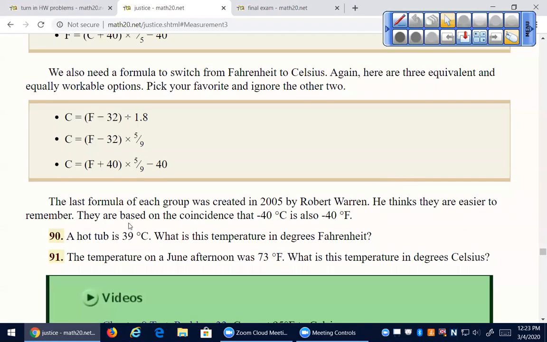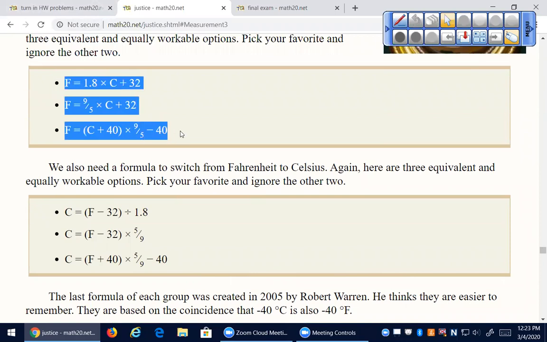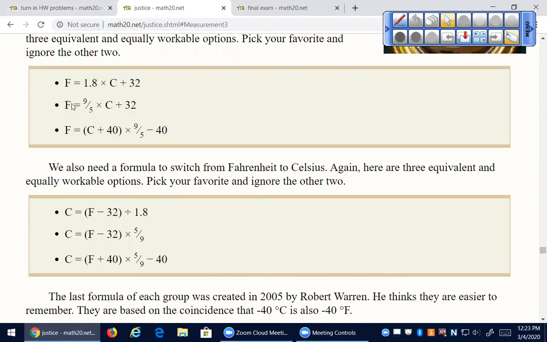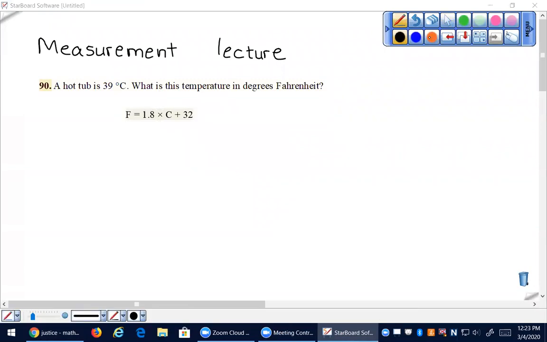Now, first of all, are we going from Celsius to Fahrenheit or from Fahrenheit to Celsius for number 90? From Celsius. So we need one of these three where Celsius is the thing I plug in. So why don't I grab the first one, because I think most people know that one. Most people have seen that one. Okay, memorize.